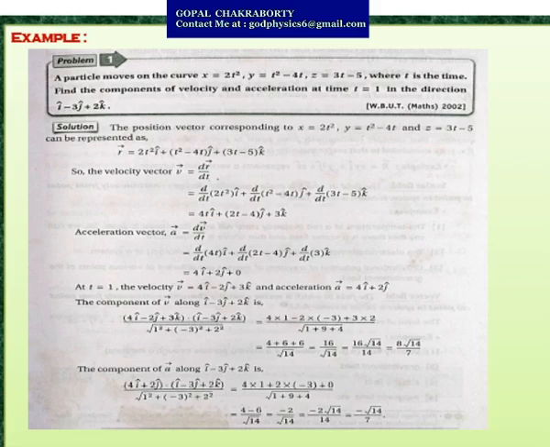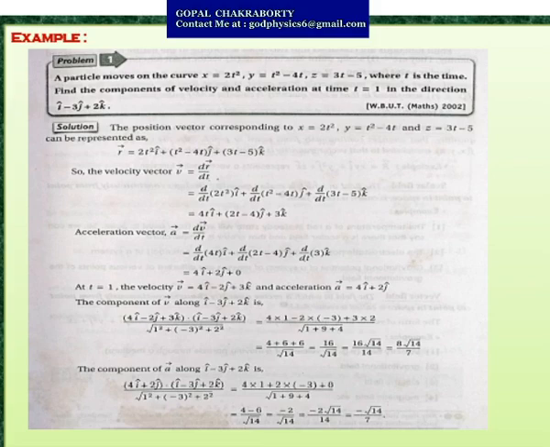That will give you the component of the velocity vector along that direction, and also the component of acceleration along the direction of that same vector. So you understand the procedure: first find the unit vector along the given direction vector, then take the dot product with that vector.